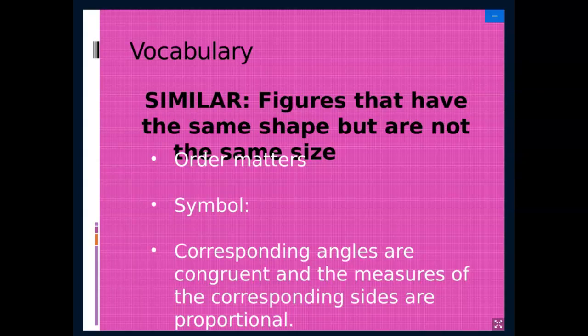Similar figures have the same shape, but are not the same size. The symbol for similar is the tilde without the equal sign.